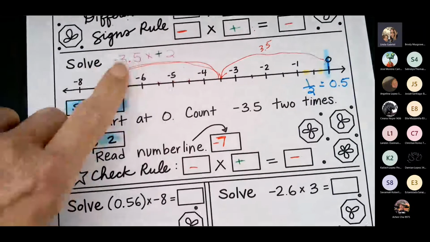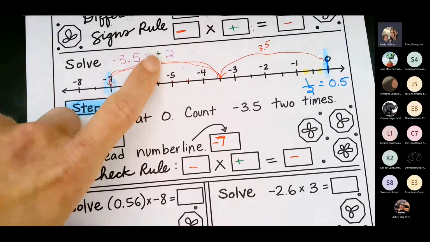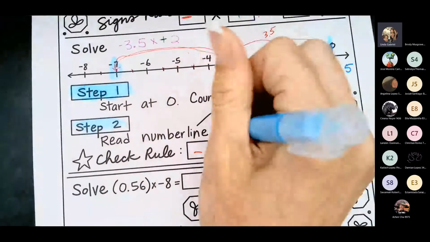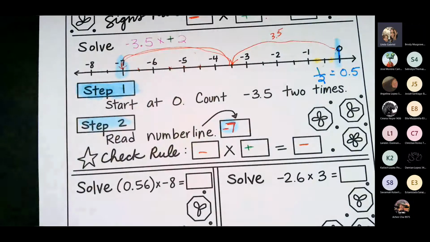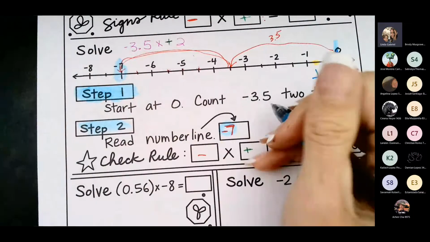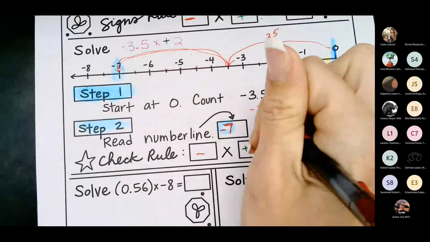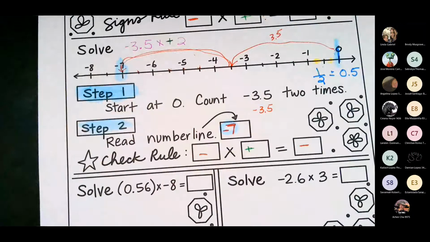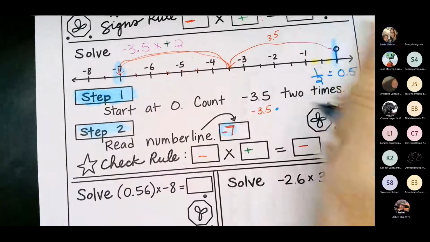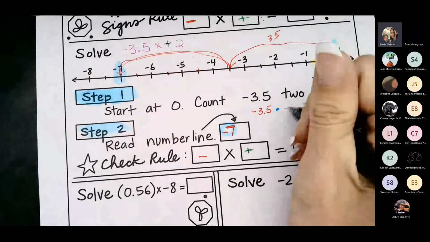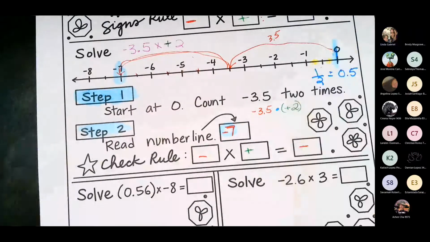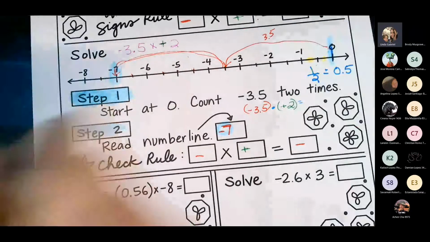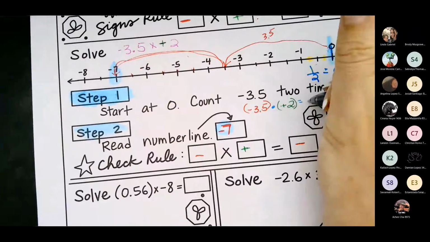And so my negative 3.5 times positive 2 gave me negative 7. So that made my rule true, right? Because I had negative 3.5, I multiplied by positive 2, my answer was negative 7.